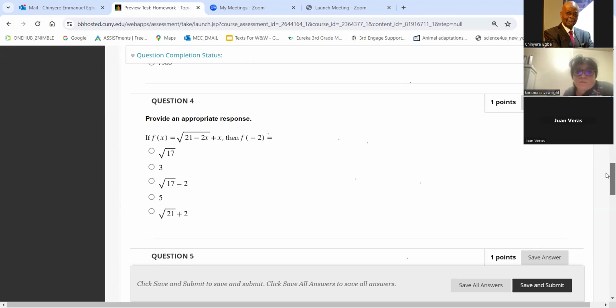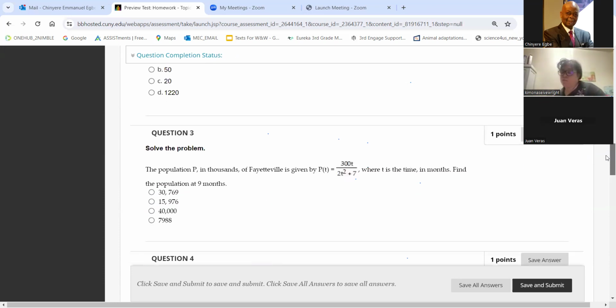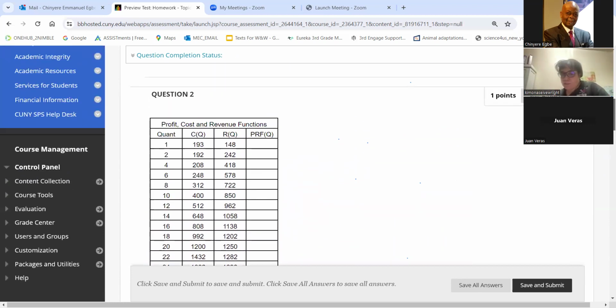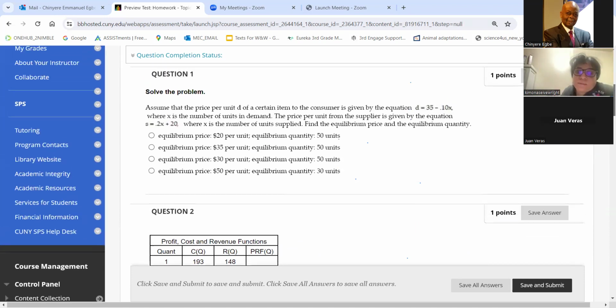The first question: a company's revenue and cost in dollars are given by R. I wanted to do this one with the same method we just did for that previous question we worked on. That's question number 2? It's question number 1. No, question number 1 is the one we just did.